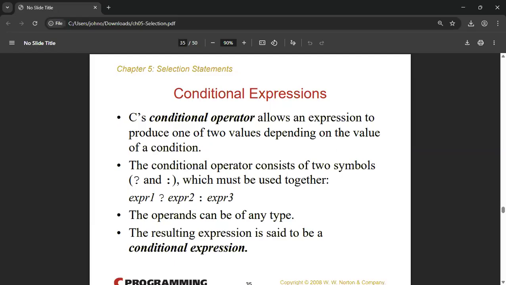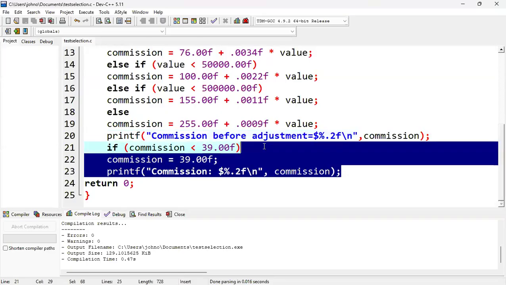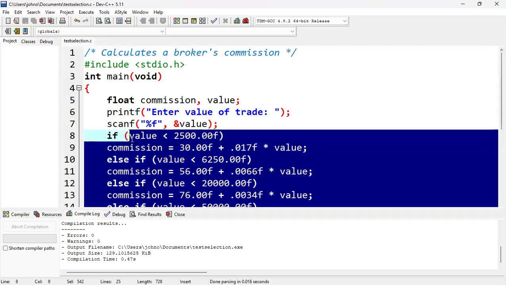So we have an operator in C called the conditional operator. It is used for if. Normally you can say something like this. Okay, let's just go this way.